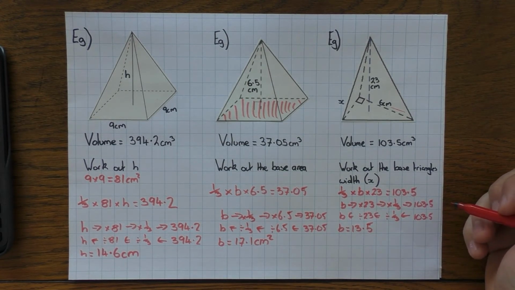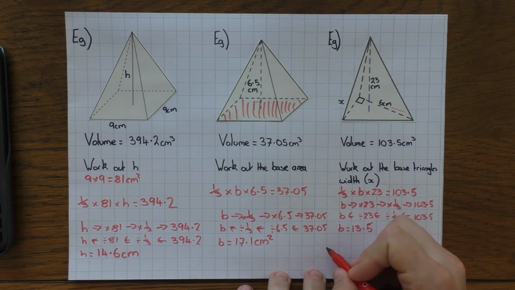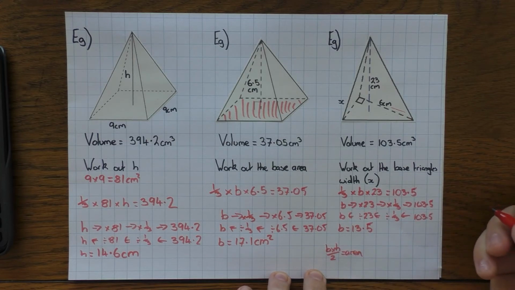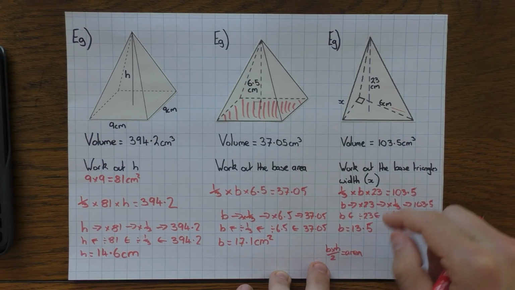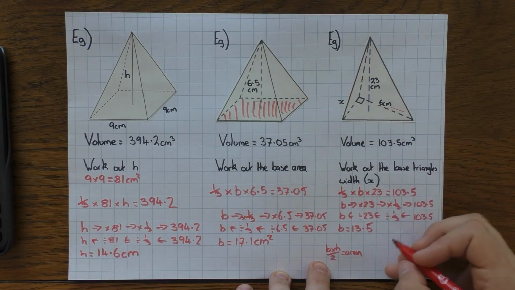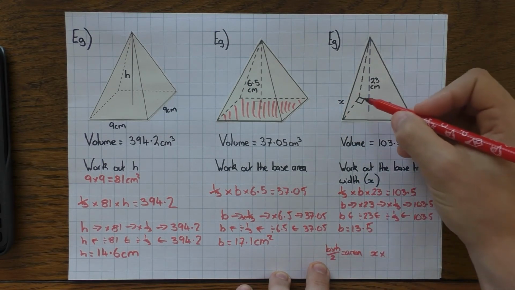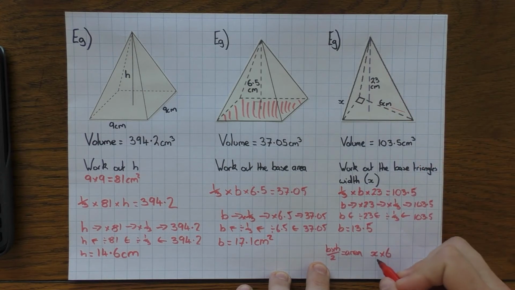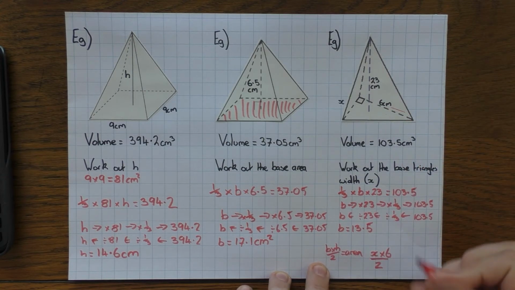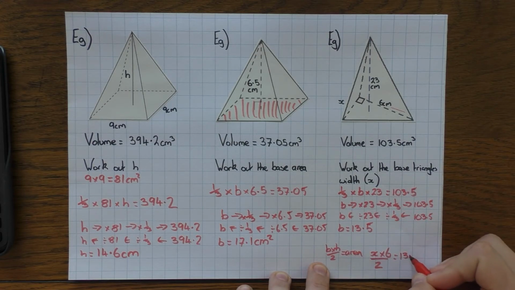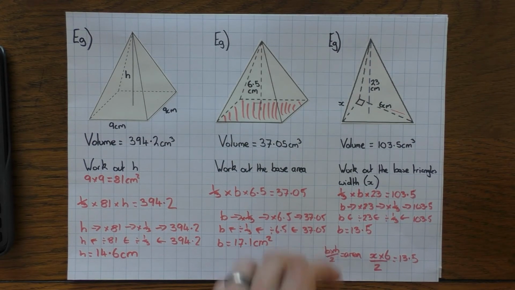So now we need the formula for the area of a triangle. Well, that's the base times the height and half it. That equals the area. So let's substitute in what we know. We don't know the base. That's the x. So x times by the height of that triangle, which is 6. We divide it by 2. And then that equals the area, which we just worked out is 13.5.